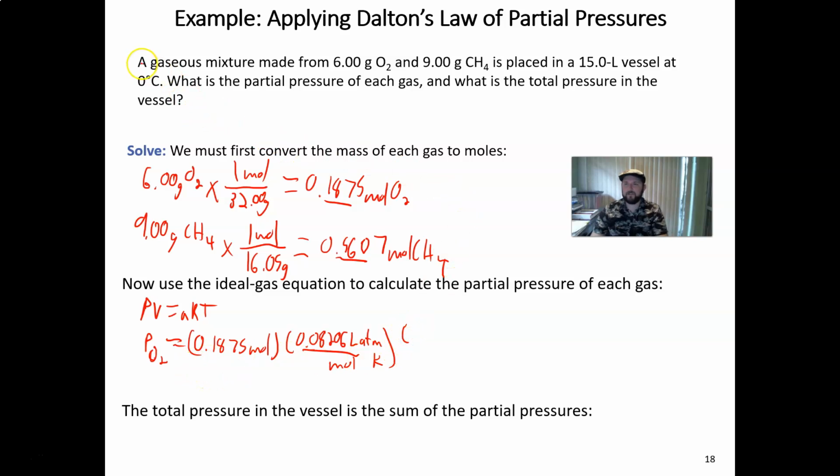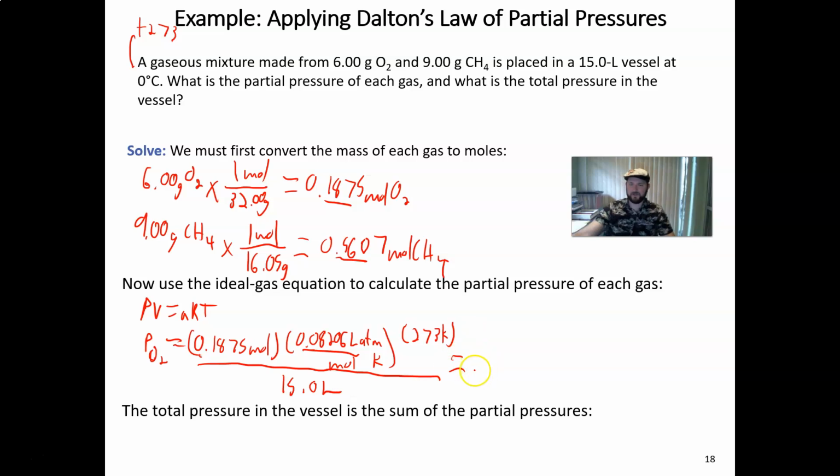If we're at 0 degrees Celsius, to convert to Kelvin we add 273. So that'd just be 273. And then we divide by the volume in liters. Luckily, it's already given in liters in this problem.